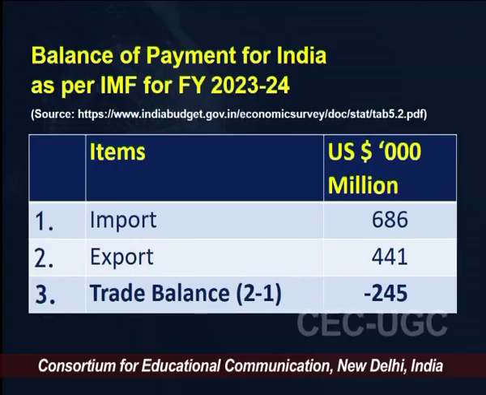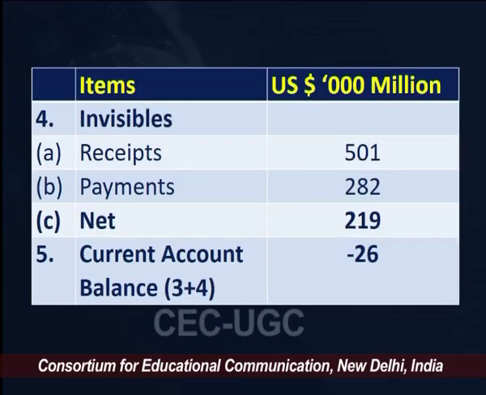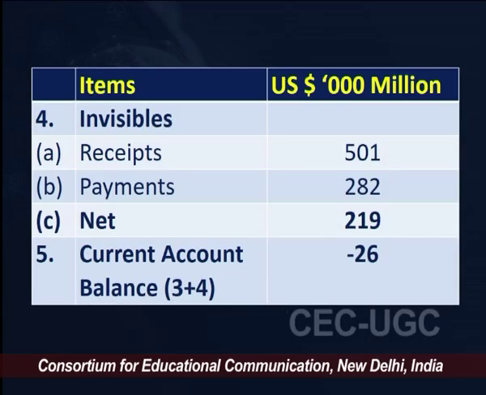So, the first item is imports, which is showing 686 in $1,000 million terms. Then exports are 441. The difference is the trade balance, which is negative, and that is 245. The positives are less and the negatives are more, hence the trade balance is showing a negative figure. That was the goods portion.